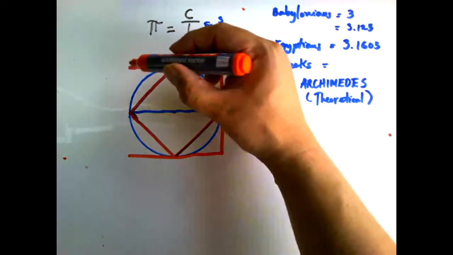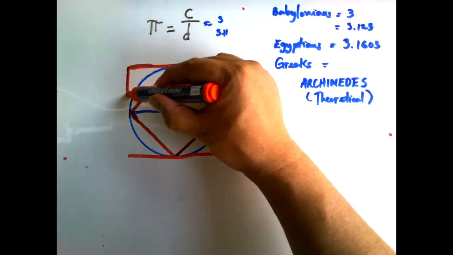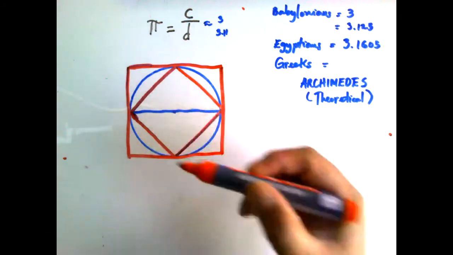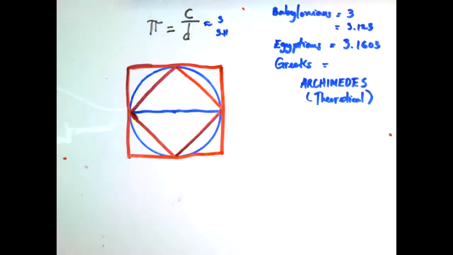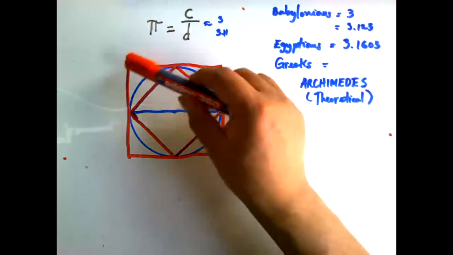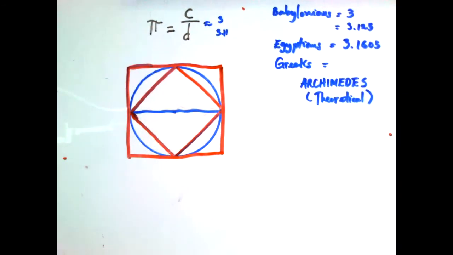So it's not very accurate, but there you go. So he did it by inscribing and circumscribing the circle.